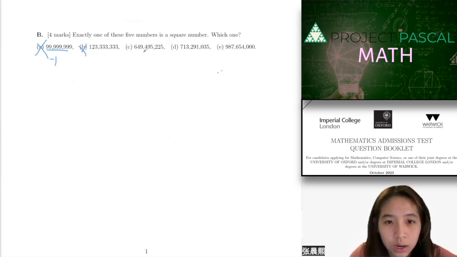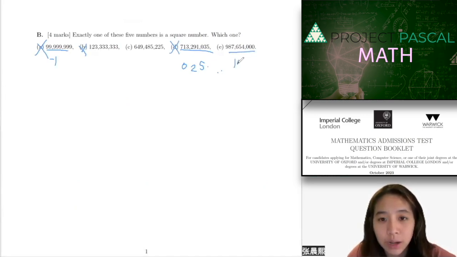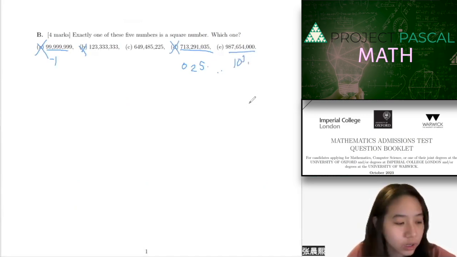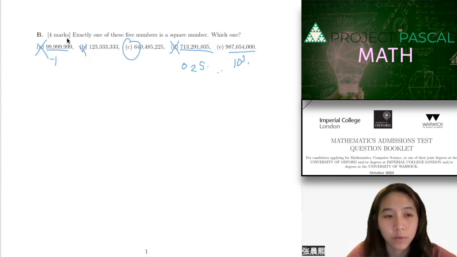And then there is D, but square numbers end with 025 instead of 035, so D can't be the case. And then for E, it's 10 to the power 3, so it also can't be the case since it has to be an even power. So C is the only possible option by elimination.